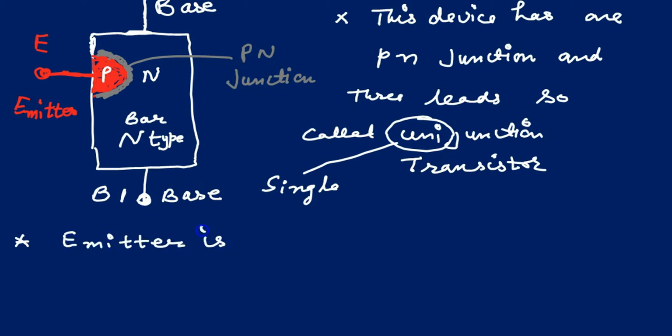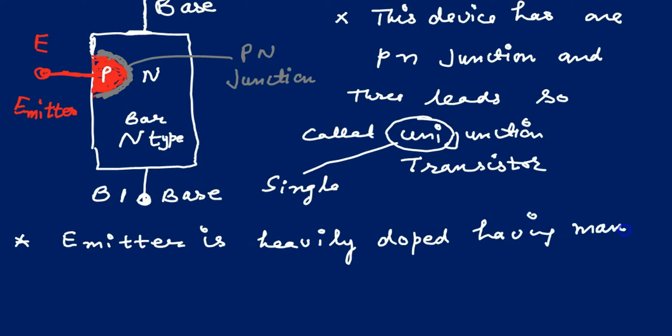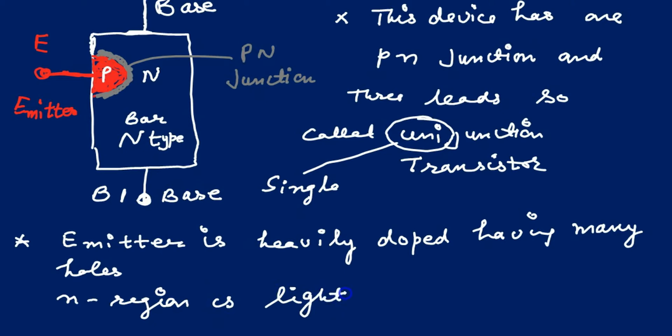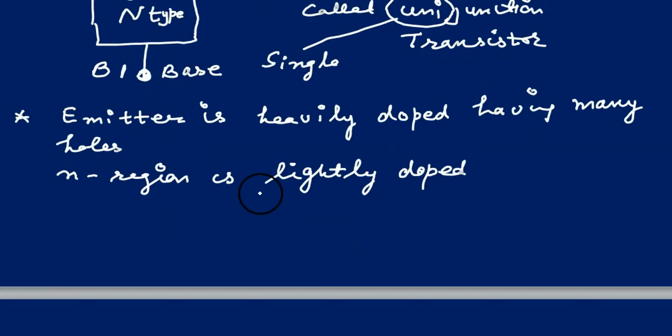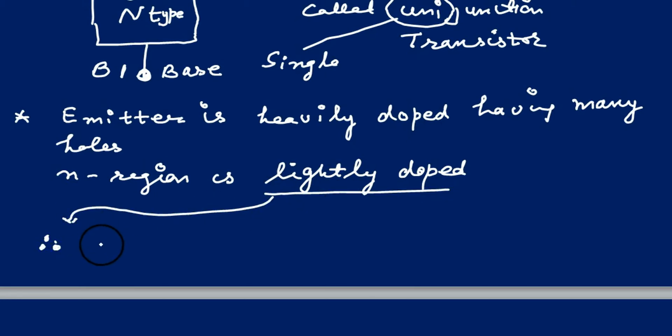Because the PN junction is a diode and there are two bases, it is called a double-base diode. The emitter is heavily doped, having many holes, and the N region is lightly doped.